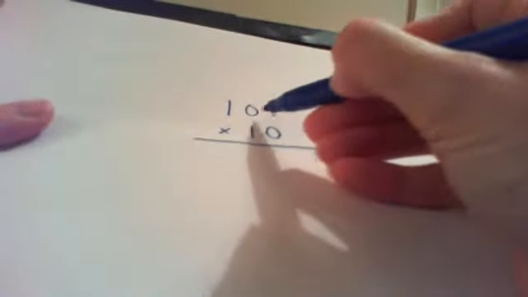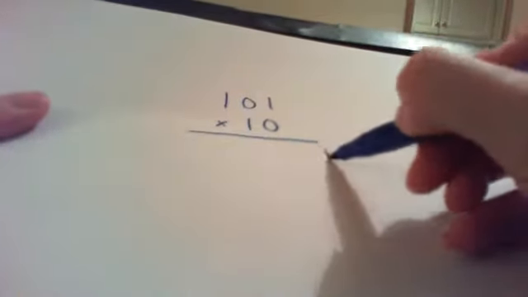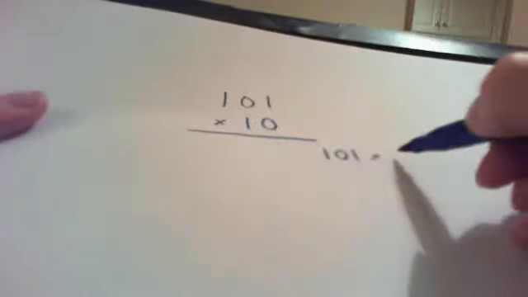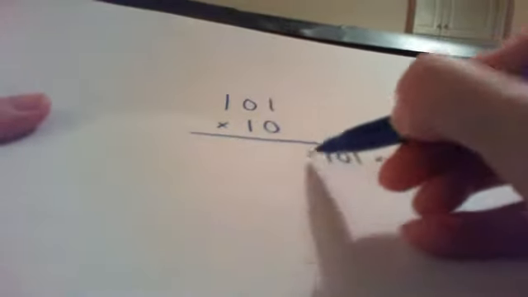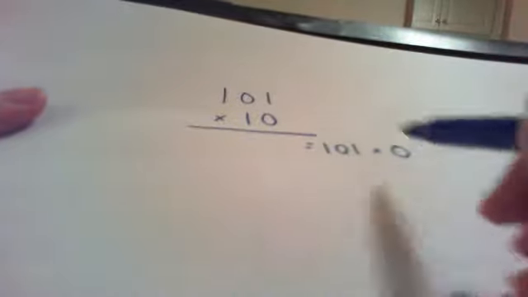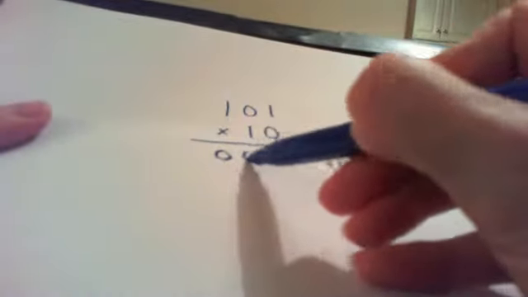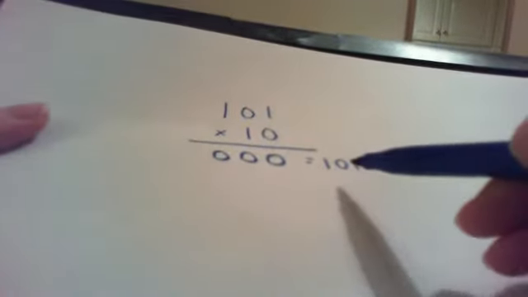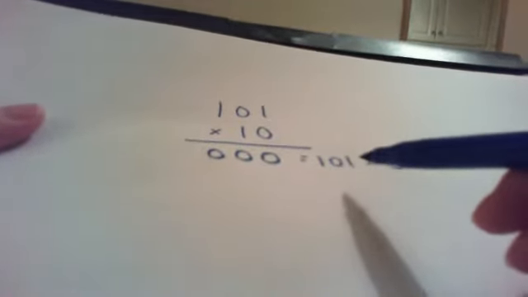And I have to do the same thing. I say 101 times 0, and that equals 0. Anything times by 0 is 0. If you've got no lots of anything, you've got nothing.